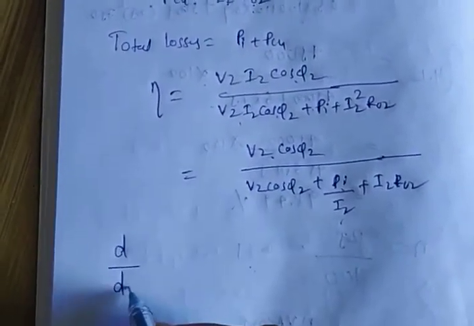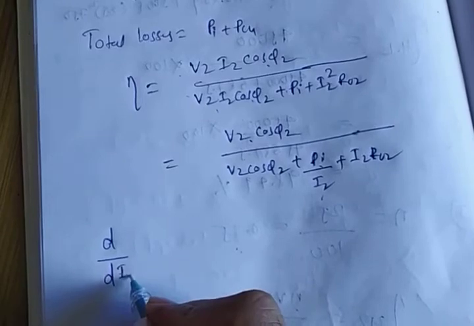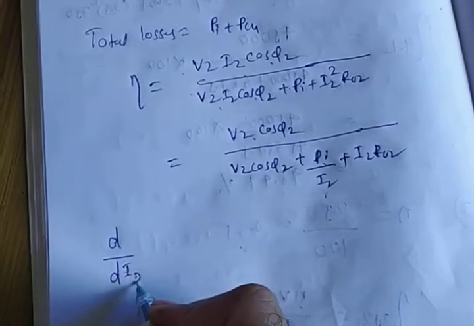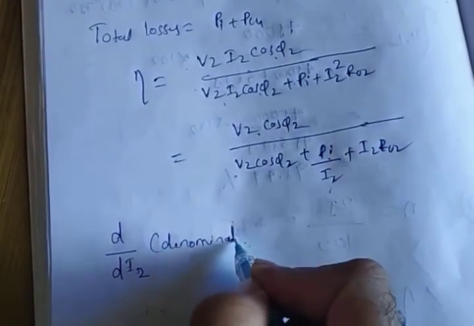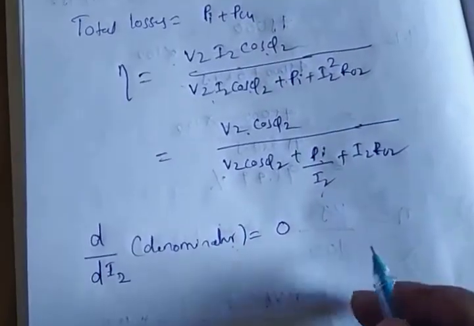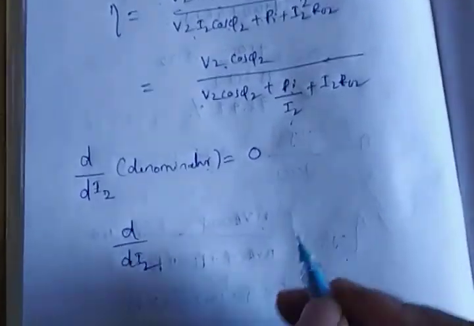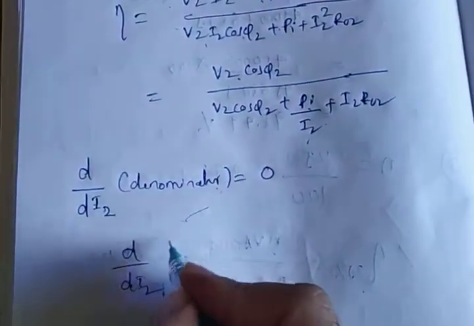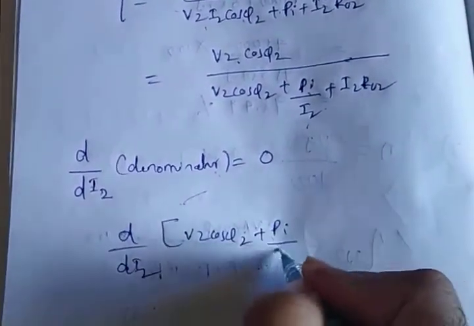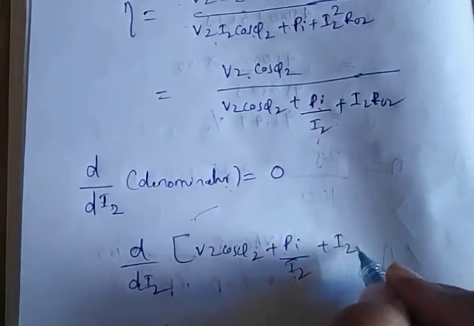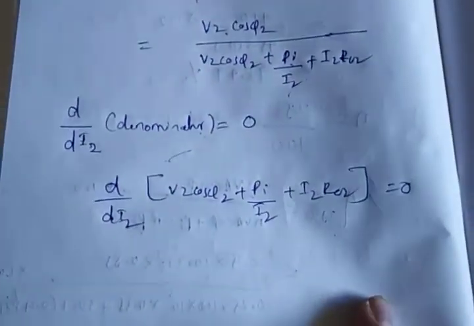So the maximum efficiency of the transformer is found by differentiating the denominator, V2 cos φ2 plus PI by I2 plus I2 R02, with respect to I2 and equating it to 0.